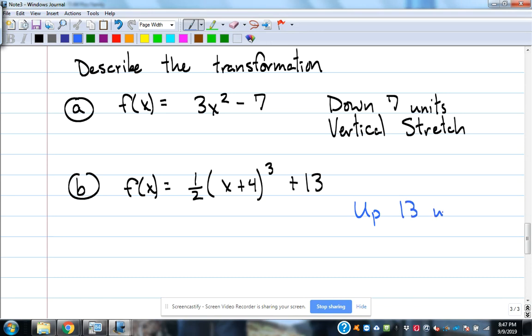Good job. What's the plus 4 on the inside do? Left 4. The 1/2 on the outside do? A vertical compression.